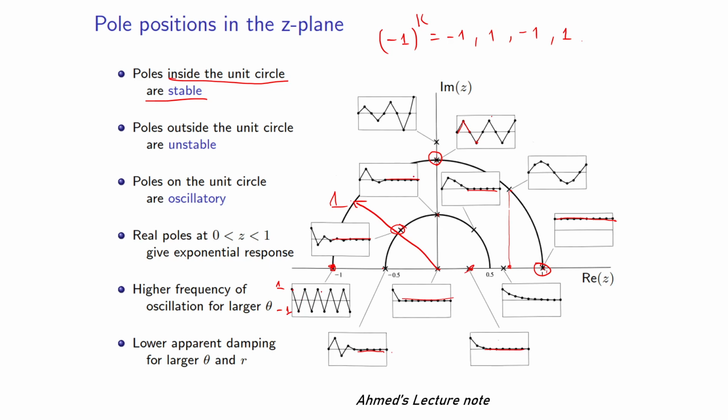And the last one, the location outside this unit circle on the imaginary axis, so you have oscillation that grows like this. It just grows to be unstable, or to diverge.